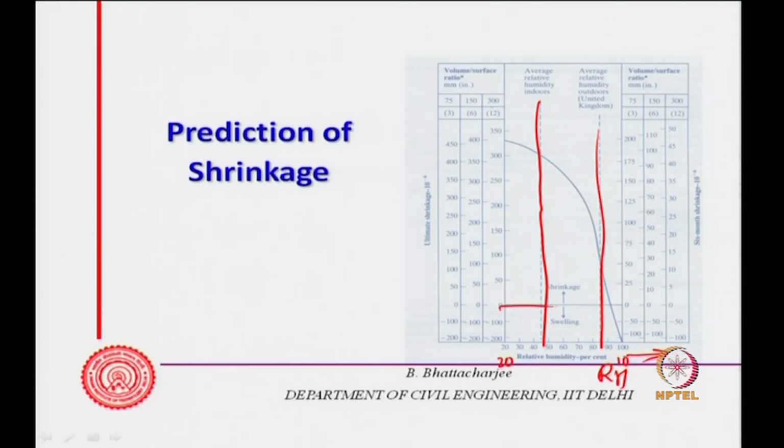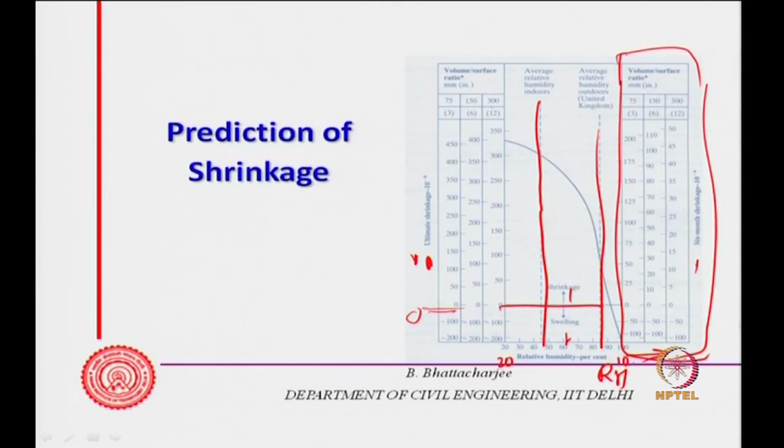This side is shrinkage, this is swelling. The y axis gives you ultimate shrinkage, that is 30 years shrinkage, and this portion gives you 6 months shrinkage, which can be related to 28 days shrinkage.